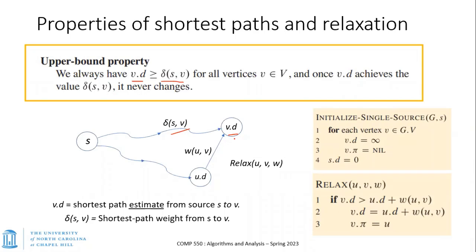And obviously at some point they're going to come all the way down to the actual shortest path weight. So clearly this again is kind of obvious, simply because the estimates start off large and go down until eventually they hit the actual shortest path weight.